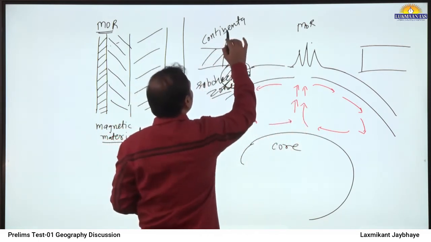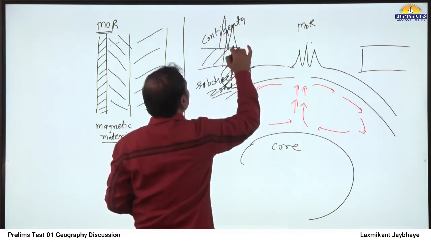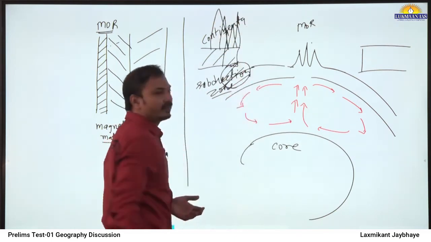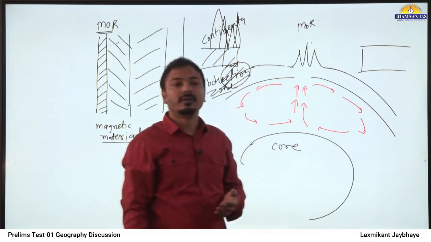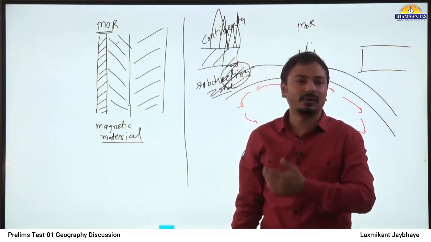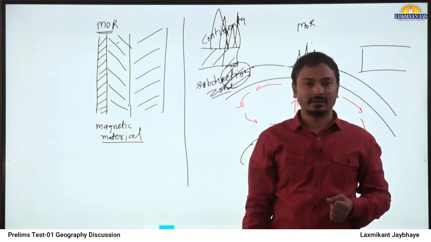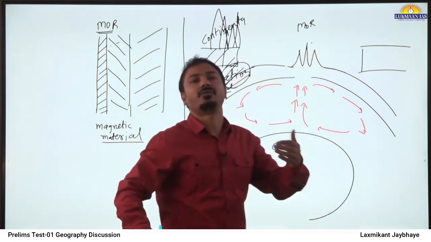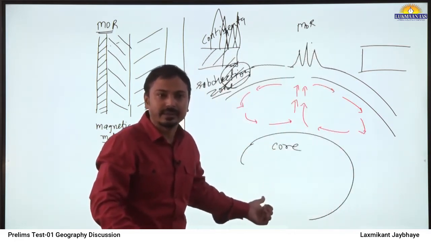What happens then? What gets formed here then? Folded mountains. Rockies and Andes are formed like this only.